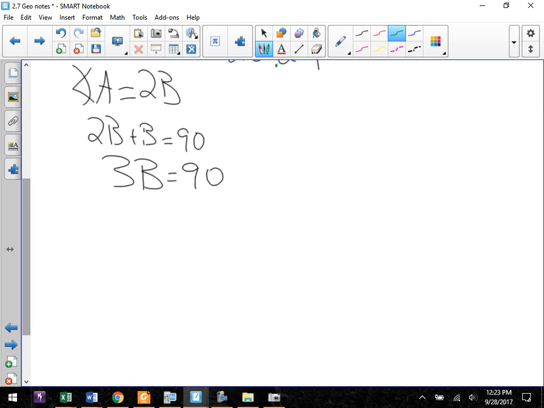What's B have to equal? 30. So angle B is 30, which makes angle A how much? 60. Is angle A twice the measure of angle B? Yes.